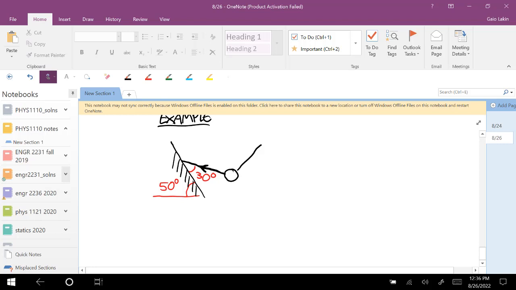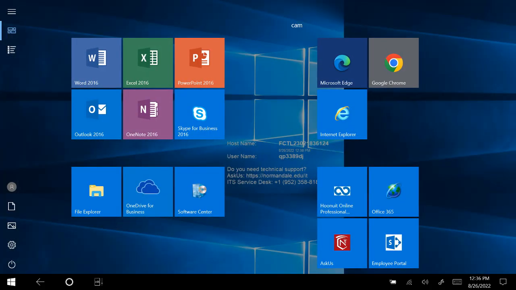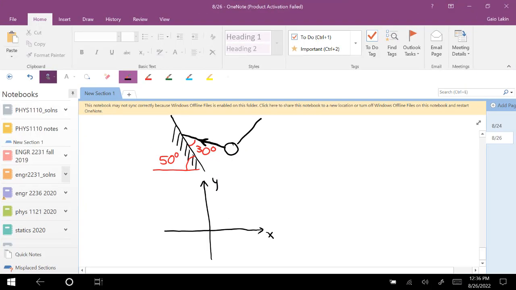It doesn't matter which way. I'm going to draw a coordinate system. And so this is a vector that's parallel to the wall, right? We know that this is 50 degrees.